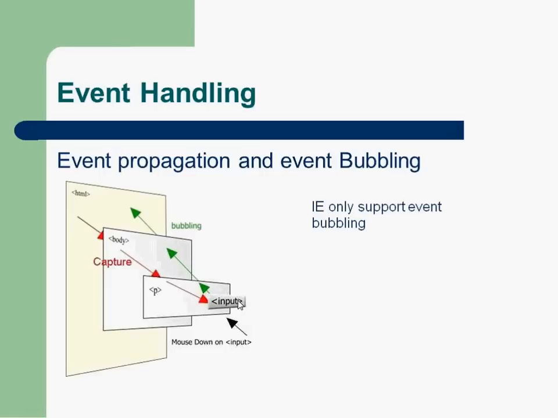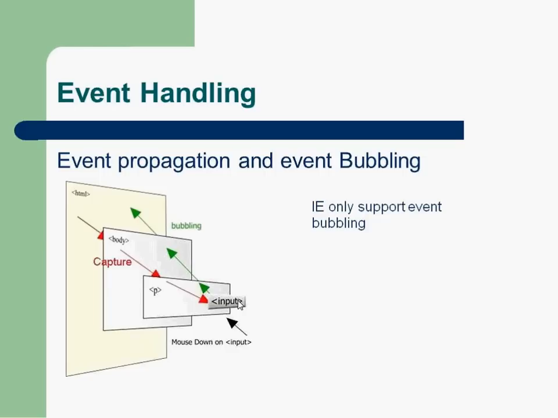Because you can handle this event at multiple levels. In Mozilla-based browsers, first it calls the event handler for HTML on capture. I have used the term capture; we'll see how we can use capture and bubbling while adding event handlers.